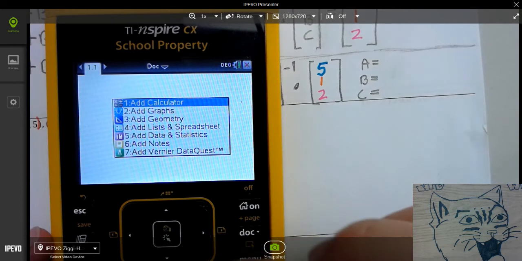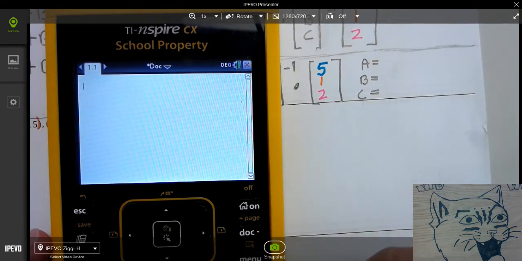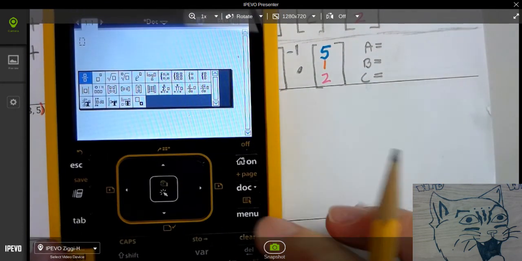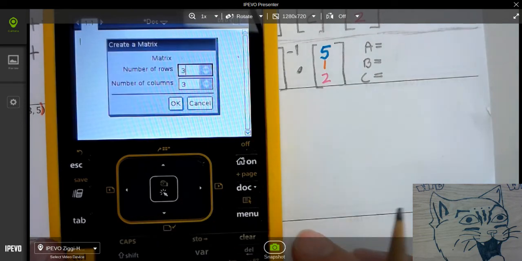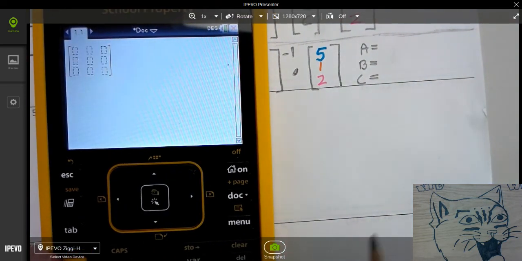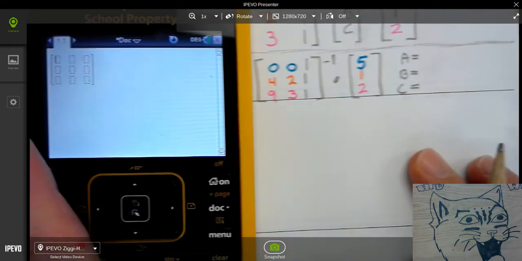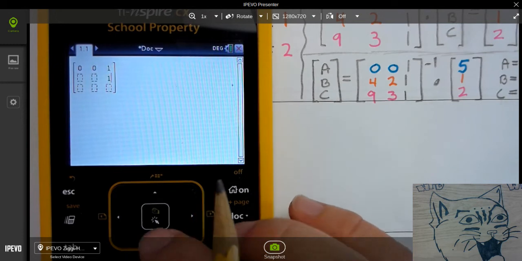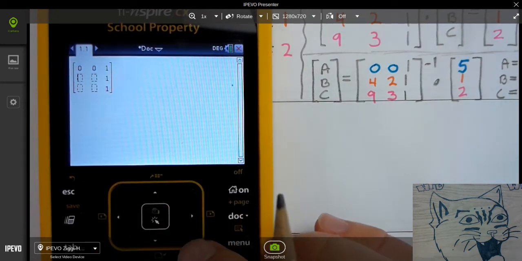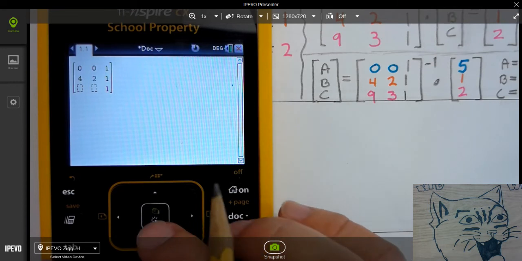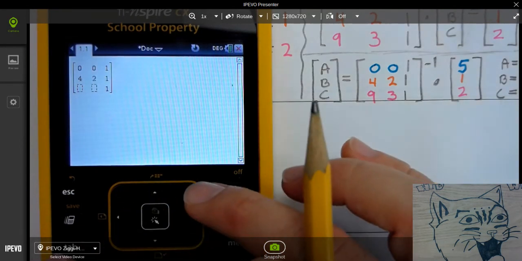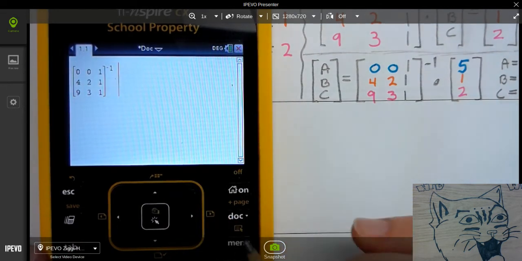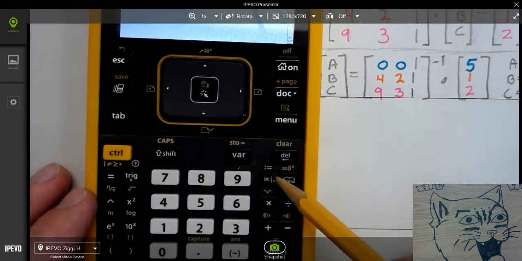So we're going to go to calculator, and then you're going to press the matrix key, which is this key right here. It's a 3x3. Plug our numbers in, which are 0, 0, 1. We know those are 1, 4, 2, and 9, 3, raised to the -1 power, times, again, the matrix key right here.